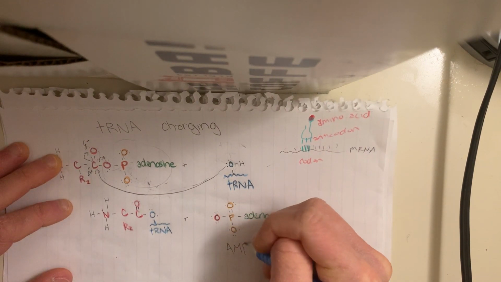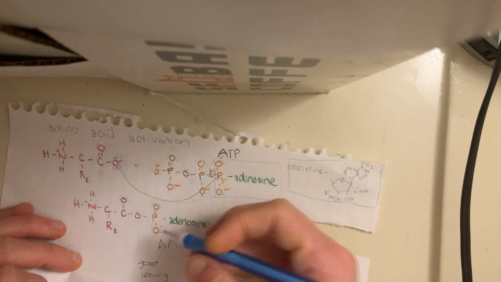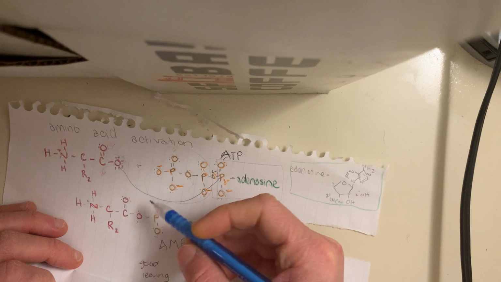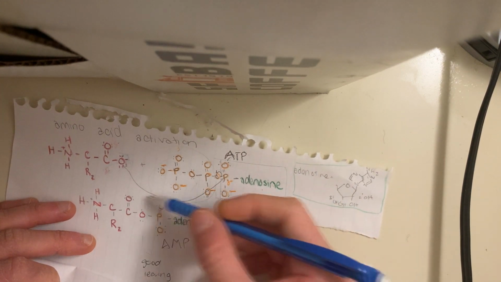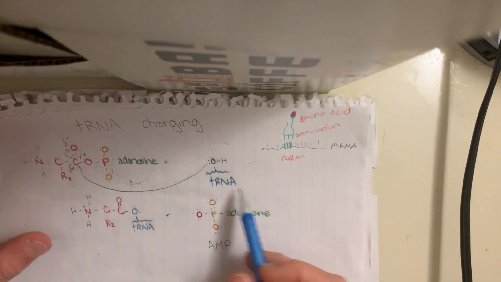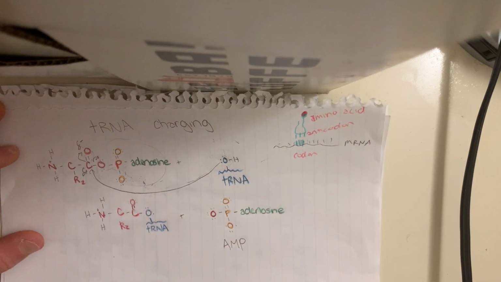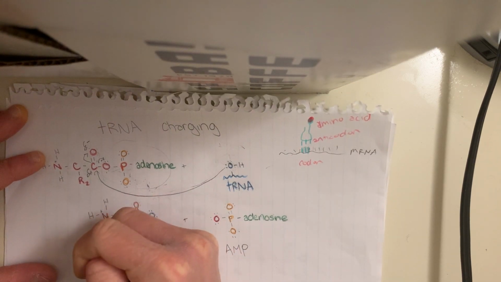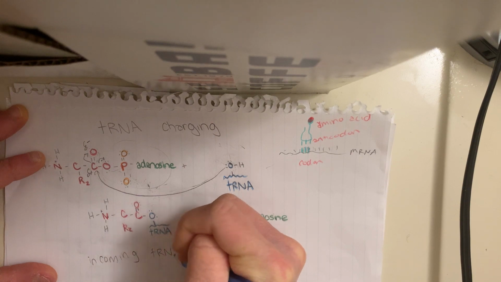So this is AMP. So we started with ATP. We added this AMP onto here, and now the AMP is free. And we have this linked to this tRNA. And so this is going to be our incoming tRNA.